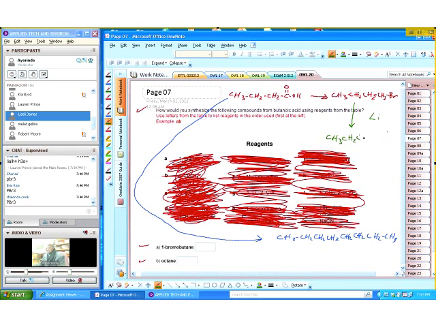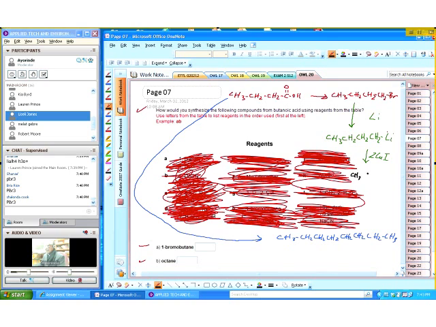Remember how we make the copper lithium reagent. So you form butyllithium. Then, to make the copper lithium reagent, you add copper iodide to that.